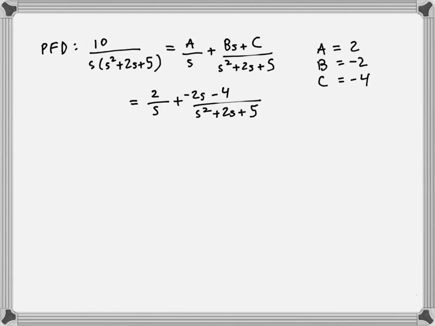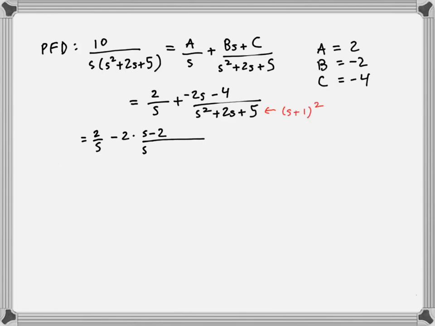Okay, so how do I do that? Well, I'm going to first write this as 2 over s, and then I'm going to pull out a minus 2, and then this is equal to s minus 2 over s. Now, before I write this down, this guy, if I do completing the square and I want to write it as the sum of 2 squares, I actually get the following.